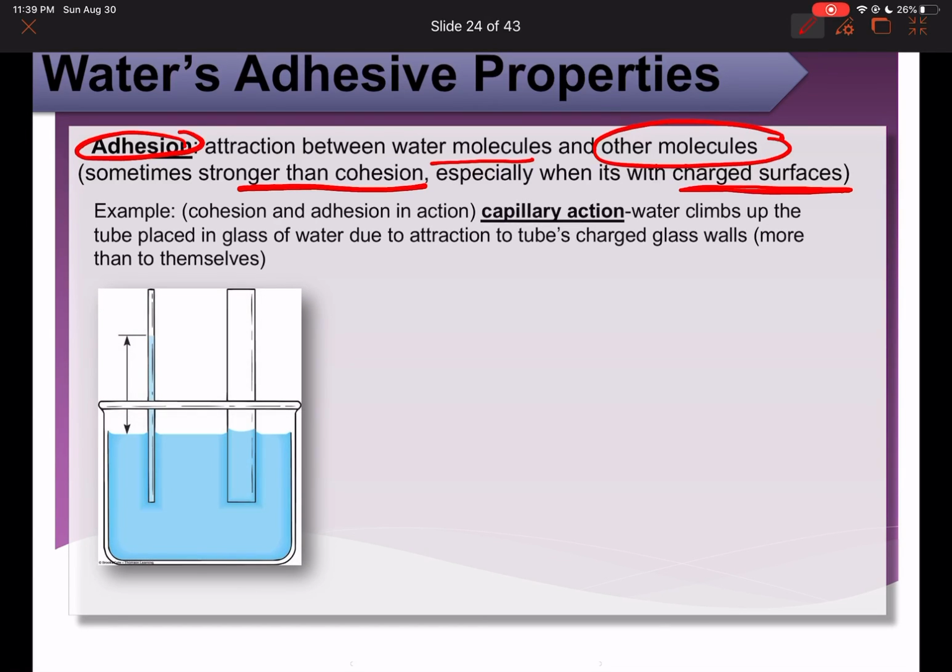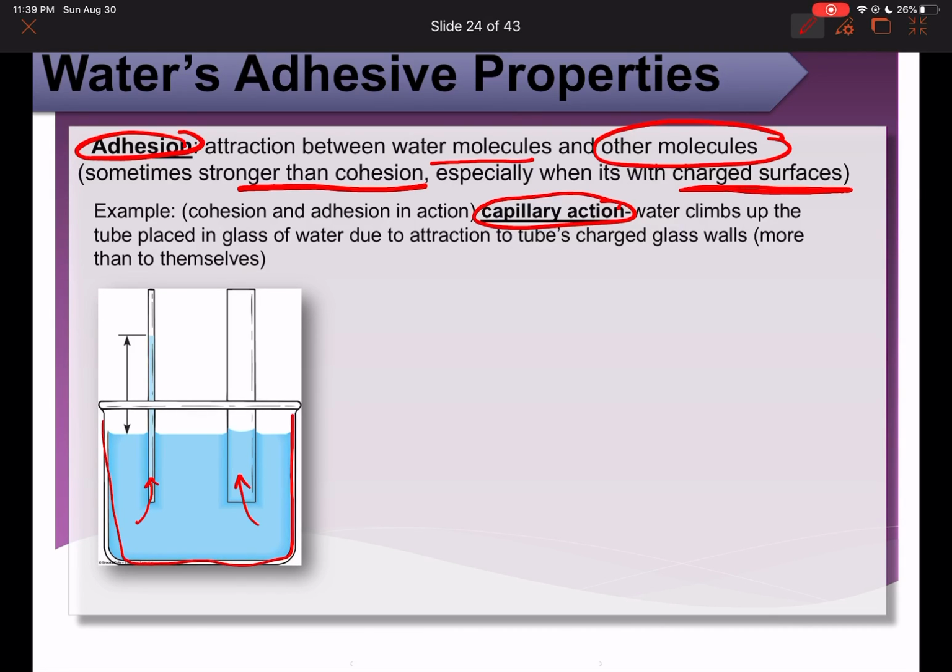So, for example, capillary action is a perfect example where cohesion and adhesion work together to pull water up from the beaker. So water goes into the tubes in this way via something called capillary action. What's illustrated here is a beaker of water.